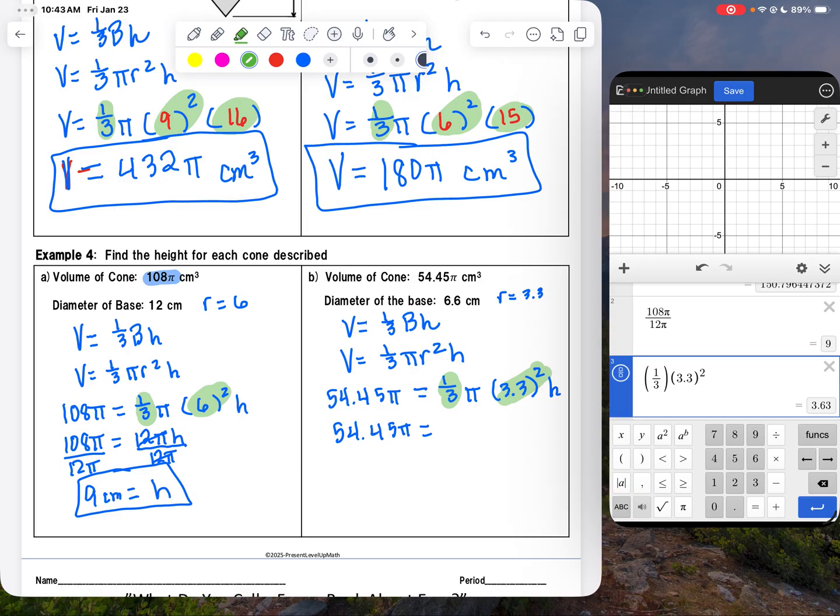So 1/3 times 3.3 squared gives me 3.63 pi h. Now, because you're trying to find the height, we want to get the h by itself. So we'll divide both sides by 3.63 pi. So this would cancel, and this would cancel with this. So on this side, I'd be left with an h here.